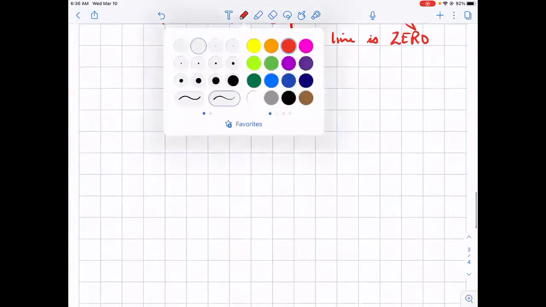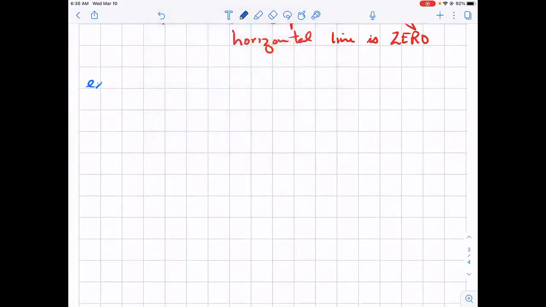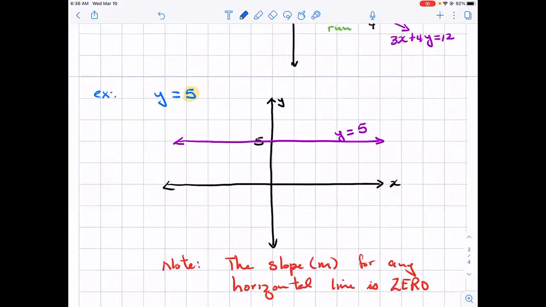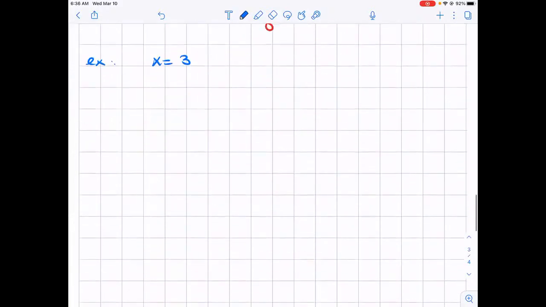If we look at another example now, if we have x equals 3. Well, notice now it's not y, it's x. When it's y equals, it passes through the y-axis. When it's x equals, it will pass through the x-axis. But because it's in the form x equals, now we are speaking of a vertical line.